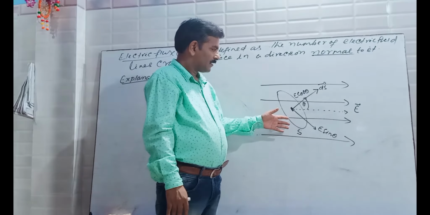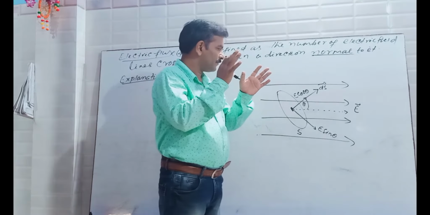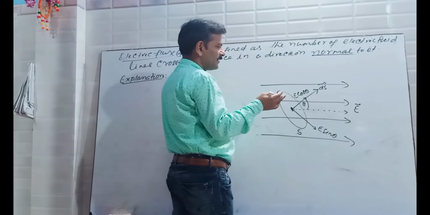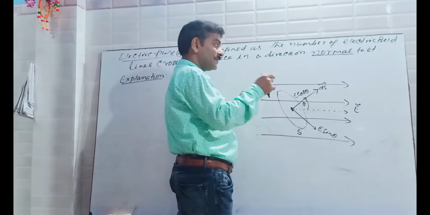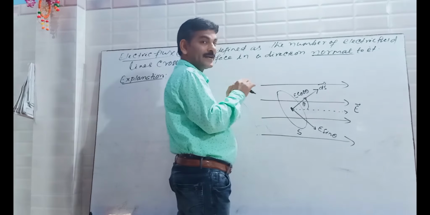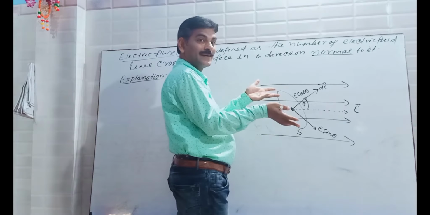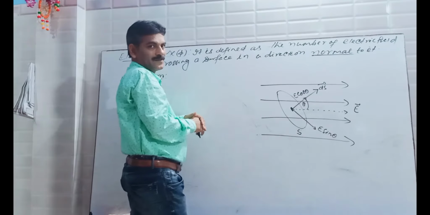I have drawn some field lines, but if anybody looks at this diagram blindly, there are no field lines perpendicular to the surface. But if we resolve the electric field into two components and contribute some field lines for each component, then anybody can tell, yes sir, some field lines are perpendicular to the surface.